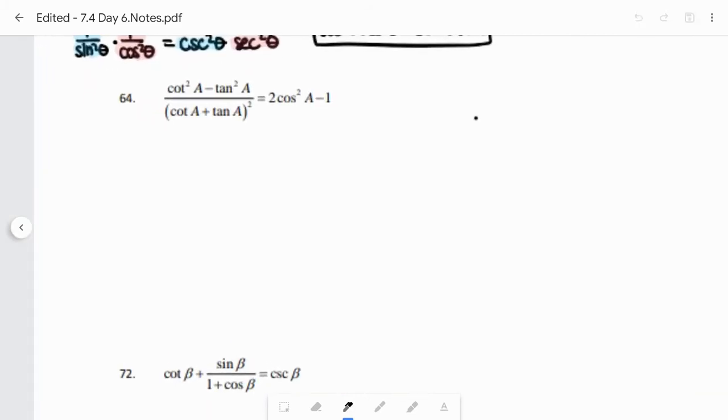Number 64, we have cotangent squared of A minus tangent squared of A over cotangent of A plus tan of A, that quantity squared, and then equals 2 cosine squared of A minus 1. So let's start with the left-hand side, and let's recall, we used this yesterday, that x squared minus y squared is equal to x plus y times x minus y.